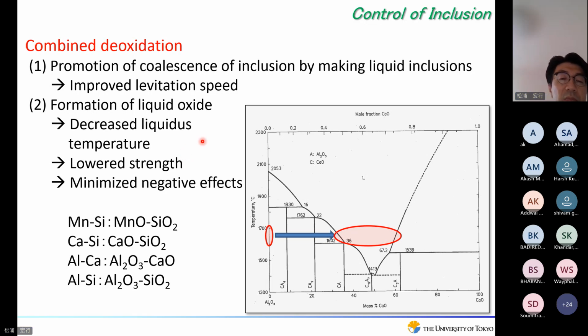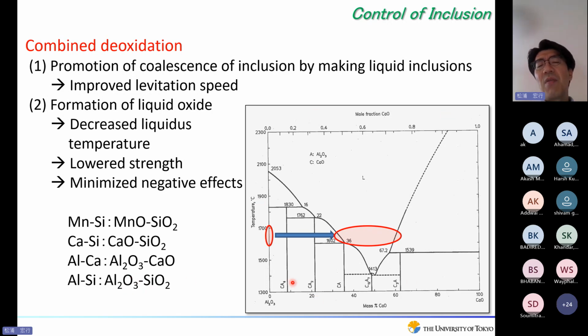The common major combined deoxidation is a combination of manganese and silicon to produce manganese silicate, for example, or the use of calcium and silicon to form a calcium silicate, or calcium aluminate, or aluminum silicate, or something like that.